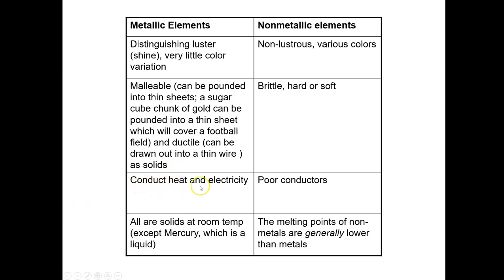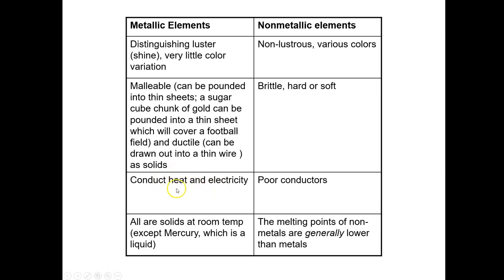Metals are really good at conducting heat and electricity. The word conduct means that it can let it pass through. It doesn't create it. Metals don't create electricity and heat. They just are really good at allowing it to go through them. That's why we make our electrical wires out of metal.